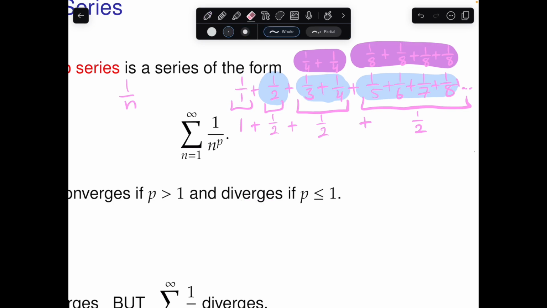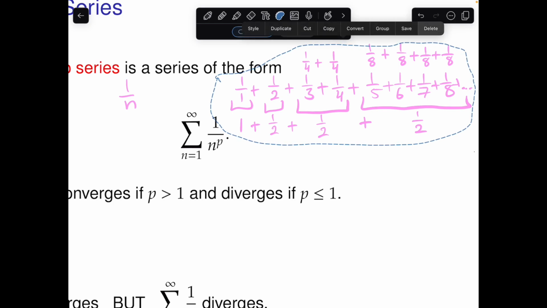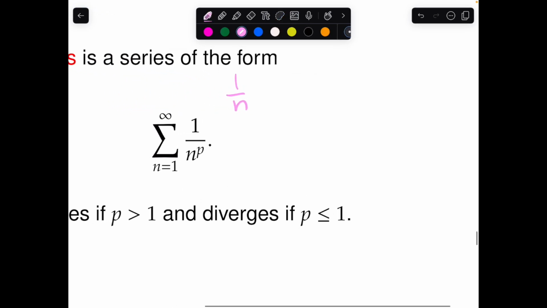Now, if you compare this to if P is greater than 1, let me just take this and wipe it out. The lecturers actually use some kind of software that shows it, which is quite a good visualization if you still don't get this. But let's just say P is 2, just to make it easy to count.